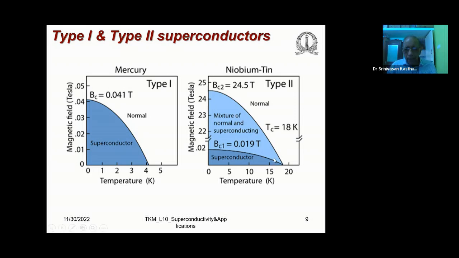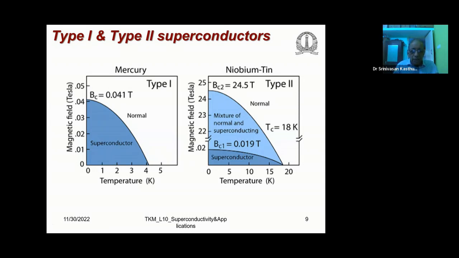And this portion, this dark blue color, is similar to the dark blue color of the mercury one that we have seen. So this is a complete superconducting state. There is also a light blue colored zone, in between these two, which is called a mixture of normal and superconducting zones.